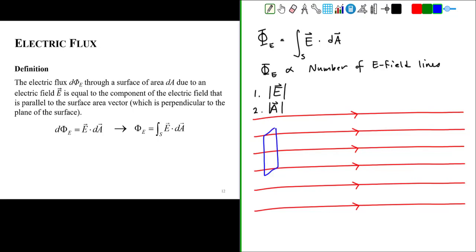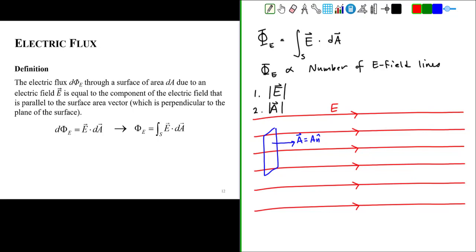Notice that there are 3 electric field lines passing through the surface, and this surface is described by an area vector normal to the plane in which the surface lies. In this, notice that the area vector is parallel to the electric field.